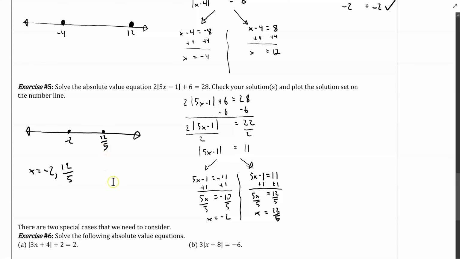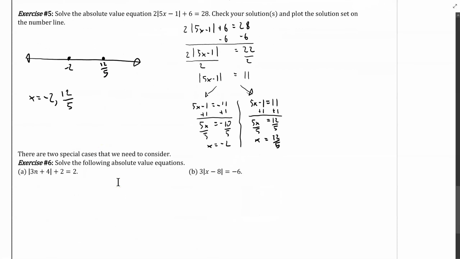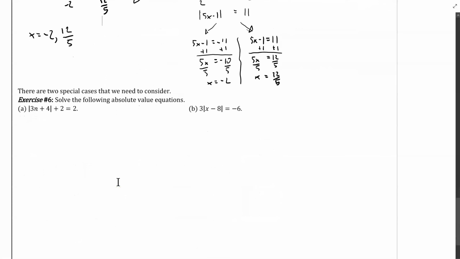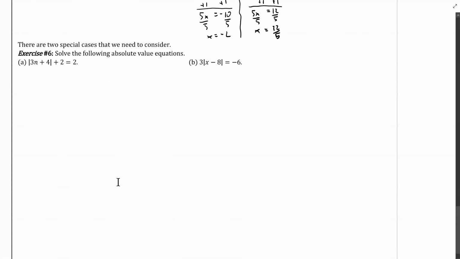Okay, one more problem. So there are 2 special cases that we need to consider. In exercise A, we have the absolute value of 3n plus 4 plus 2 equals 2. So just as before, we want to get the bars by themselves.